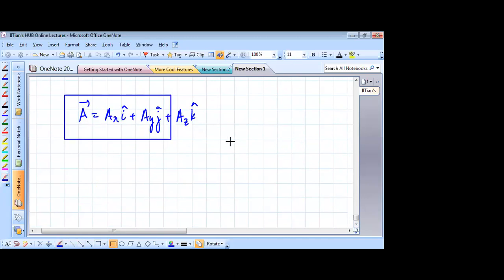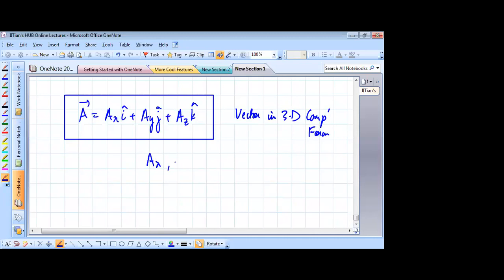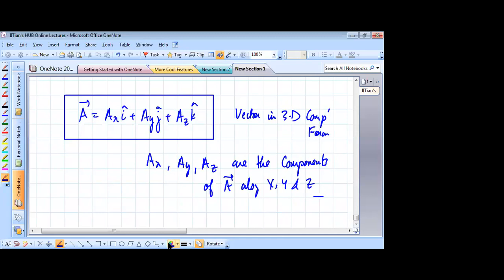This is a vector in 3D component form, where Ex, Ey and Ez are the components of vector E along x, y and z respectively. Okay, so it's very simple. There's nothing difficult about this. It is just an extension of the two-dimensional concept.